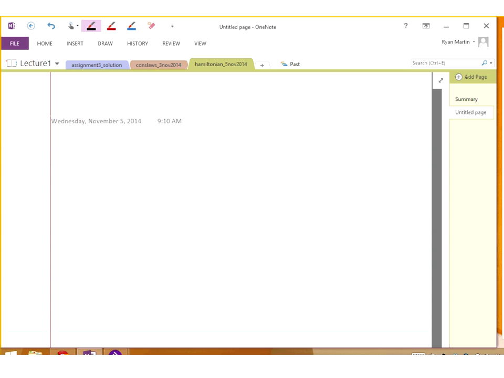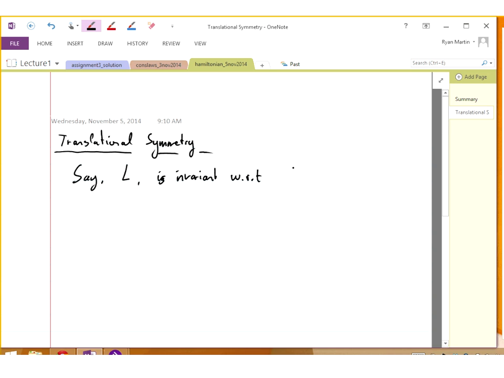So let's do an example of translational symmetry. Let's say that the Lagrangian is invariant with respect to a translation symmetry.